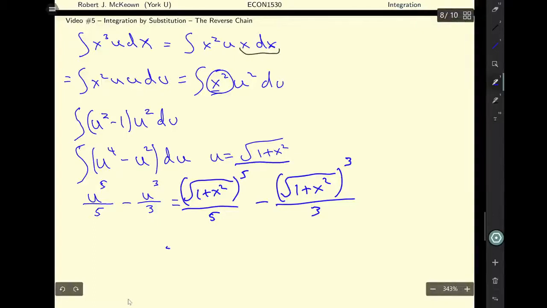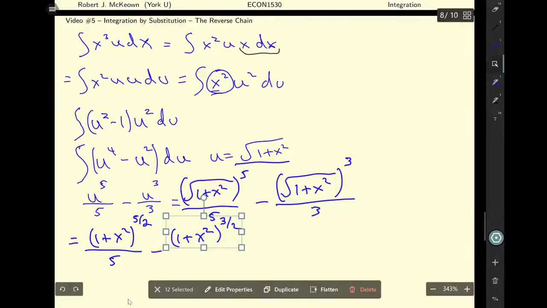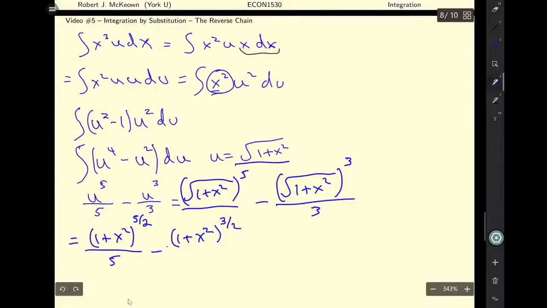And if I simplify this further, I'm going to get 1 plus x squared to the power of 5 over 2, over 5, minus 1 plus x squared to the power of 3 over 2, over 3.